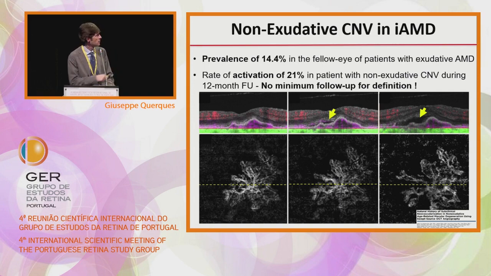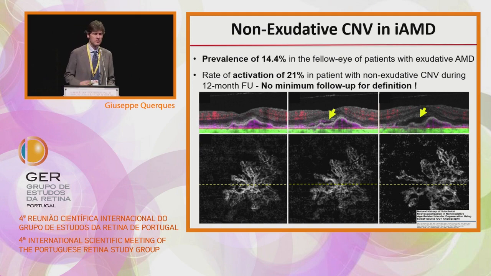But at the same time, as you can see here, the rate of activation for the non-exudative type 1 treatment-naive macroneovascularization was 3-fold more than what we reported in our study. In our study, 7%; here, 21%.